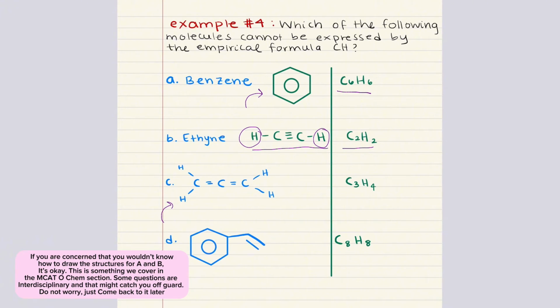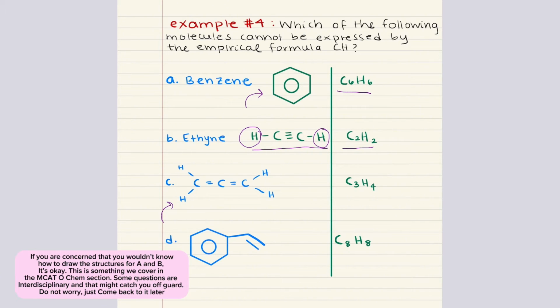Now we're asked which of the molecules cannot be expressed by the empirical formula CH. Now the definition of an empirical formula is a formula that represents a molecule with the simplest ratio in whole numbers of the elements comprising the compound.